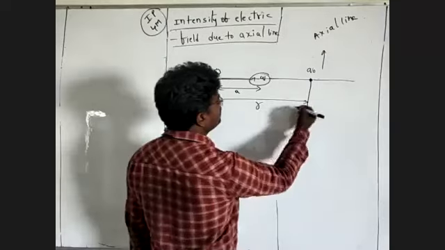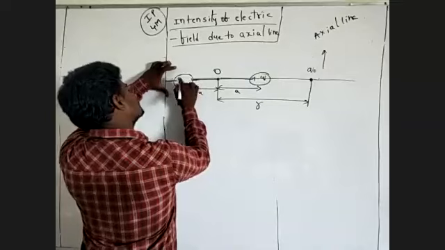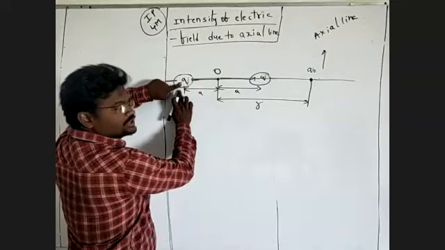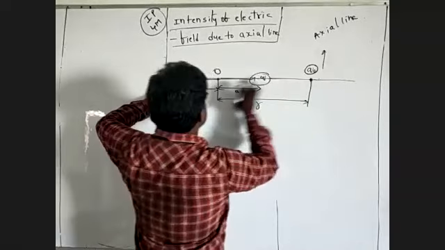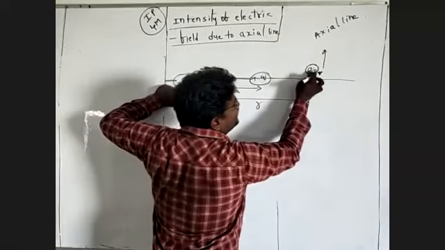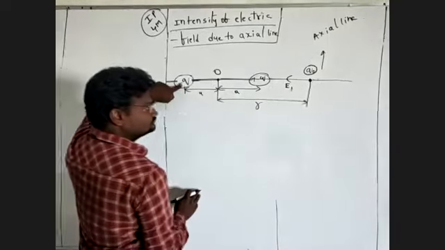Now you will see, this is a negative charge and this is a positive charge. The negative charge will attract the test charge in this direction. I'm taking this as E1.